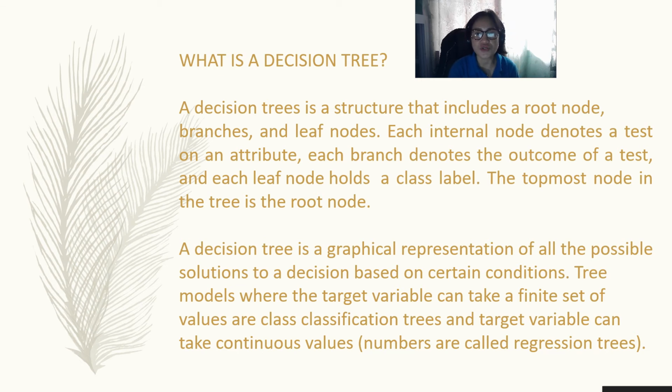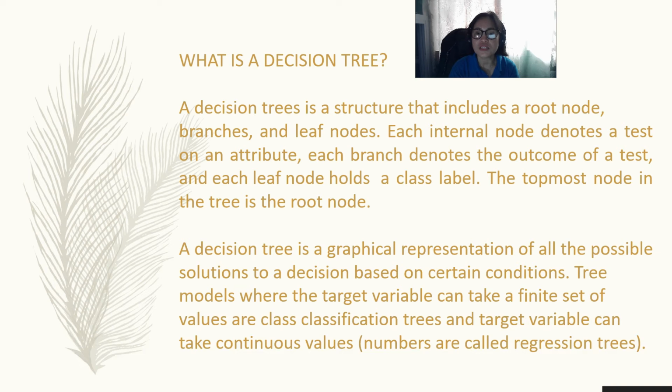A decision tree is a structure that includes a root node, sometimes called an alternative node, and then the branches, and then the leaf node. Of course, if you literally picture it, a tree has a root, it has branches, and then we also have the leaf.